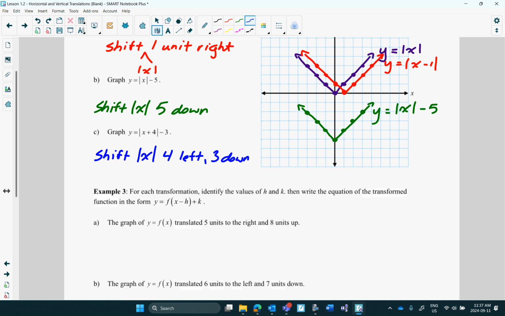So from here, we're going to go 4 left, 3 down. And this is y equals absolute value of x plus 4, minus 3.